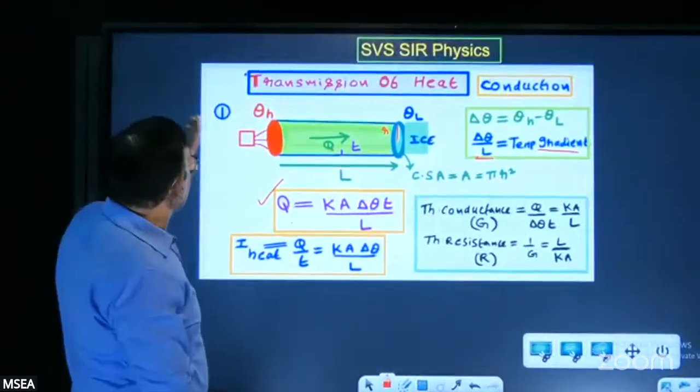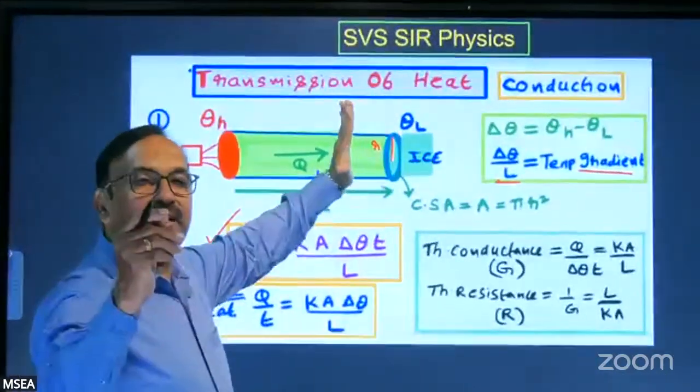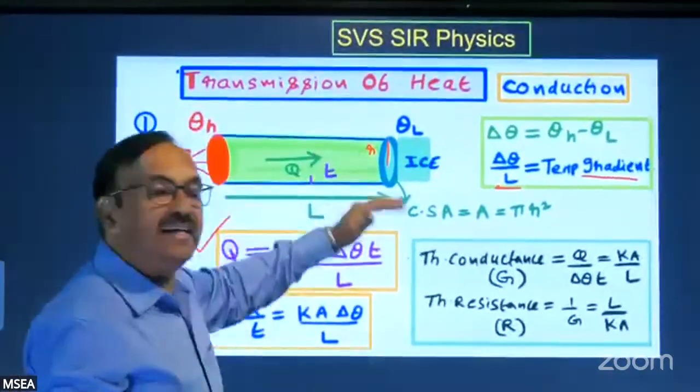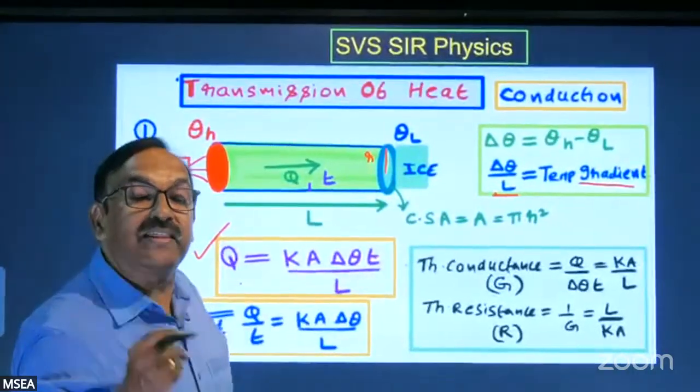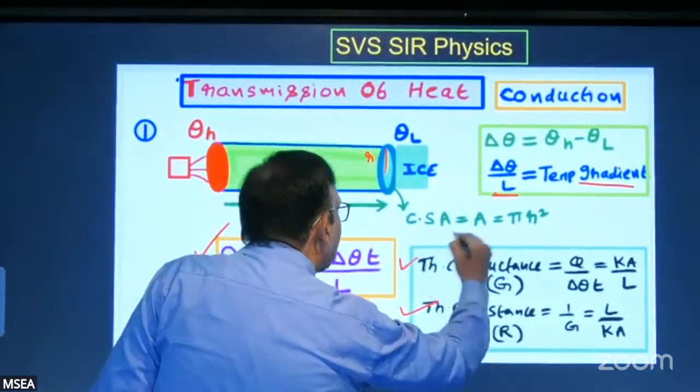Whenever the heat current is flowing through this particular conductor, the conductor will oppose the flow of heat. It offers some resistance called thermal resistance. The reciprocal of thermal resistance is thermal conductance.